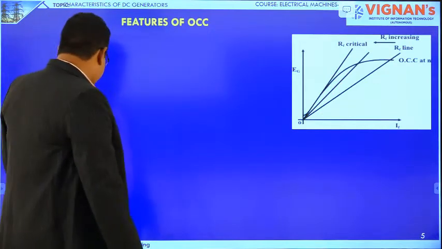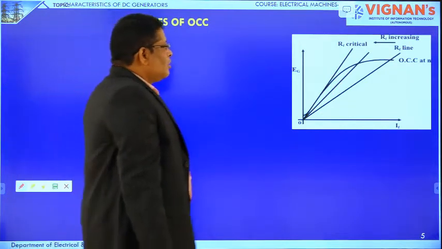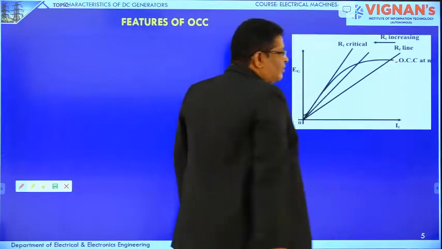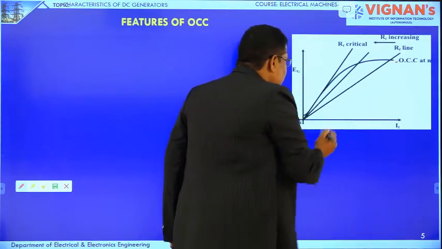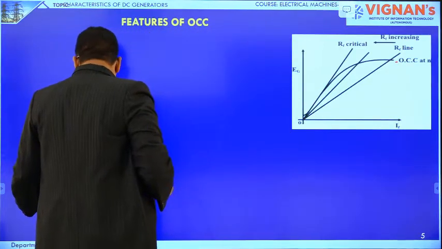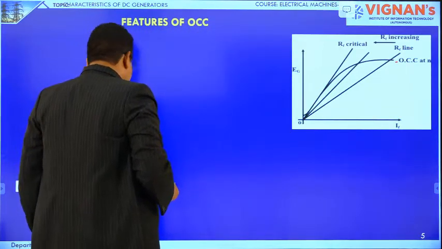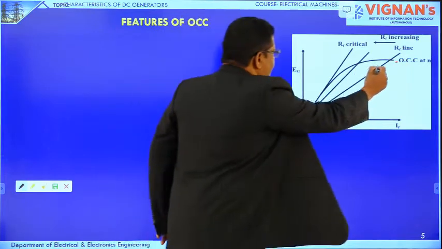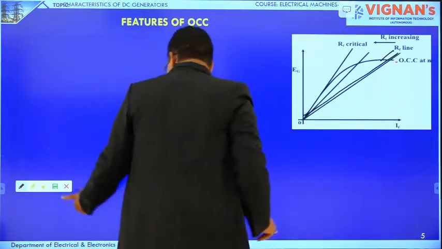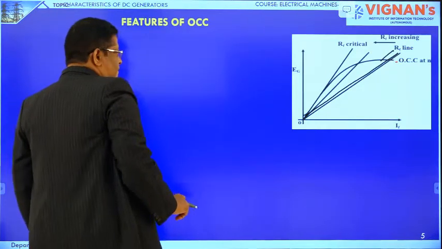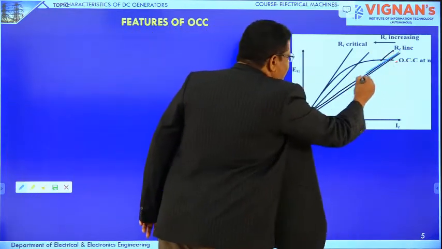See here, this is the OCC of the generator. This is the field resistance line.